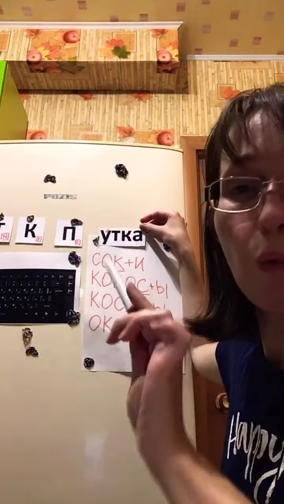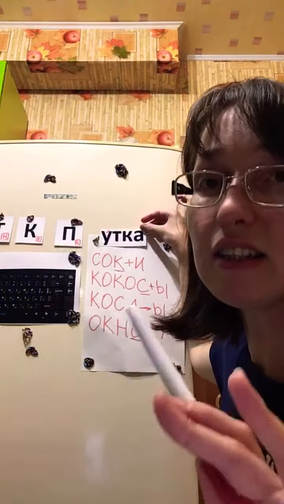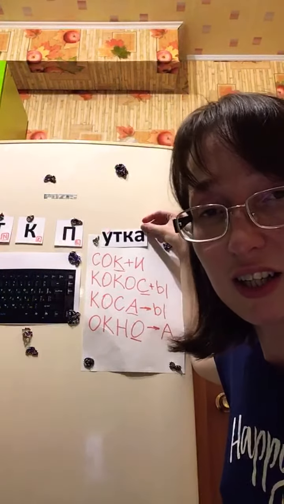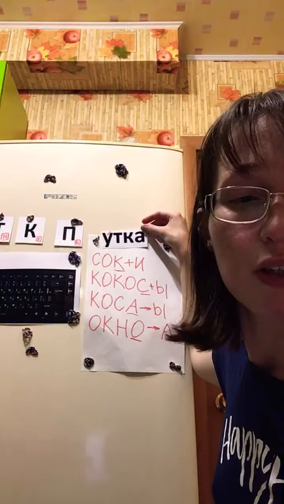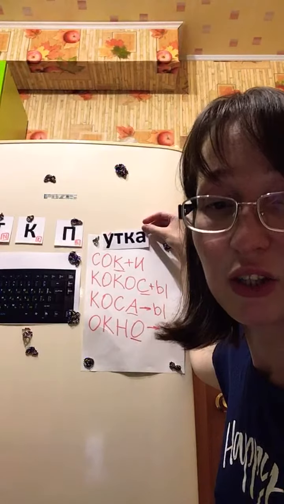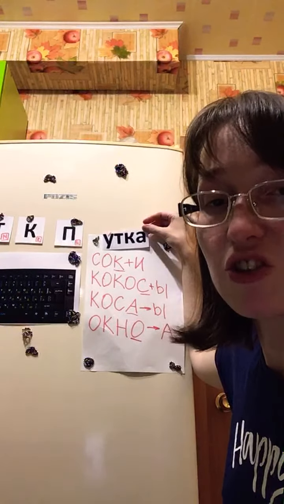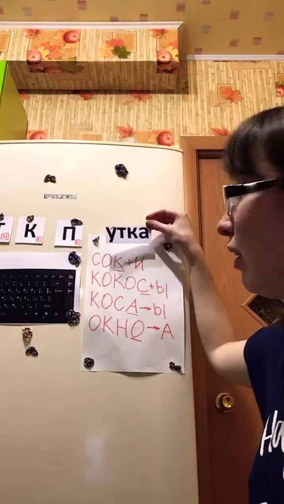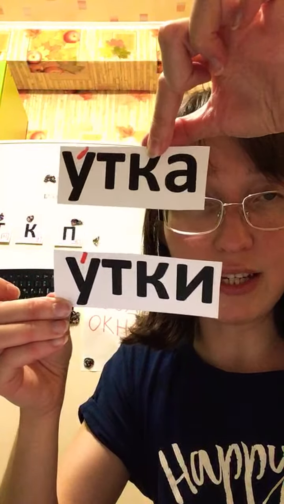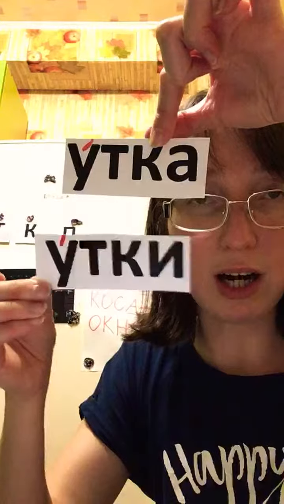We never write u after ka. Never. Please remember this. If you see a letter K, you need to write a letter E for the plural. Yes, утка, утки, plural, утки. A duck, ducks, утка, утки.